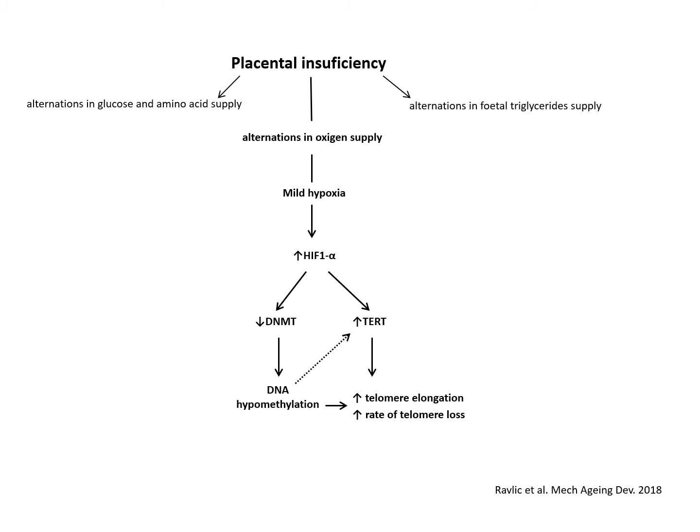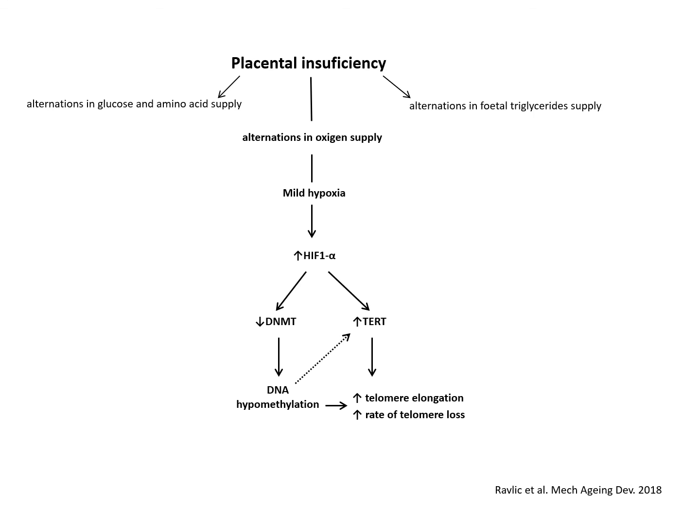Placental insufficiency can lead to alteration in glucose and amino acid supply, also in fetal triglycerides supply, but we believe that the most important factor related to telomeres would be alteration in oxygen supply through mild hypoxia. This mild hypoxia would cause activation and increase in activity of hypoxia-inducible factor 1 alpha, and this factor then acts in 2 ways.